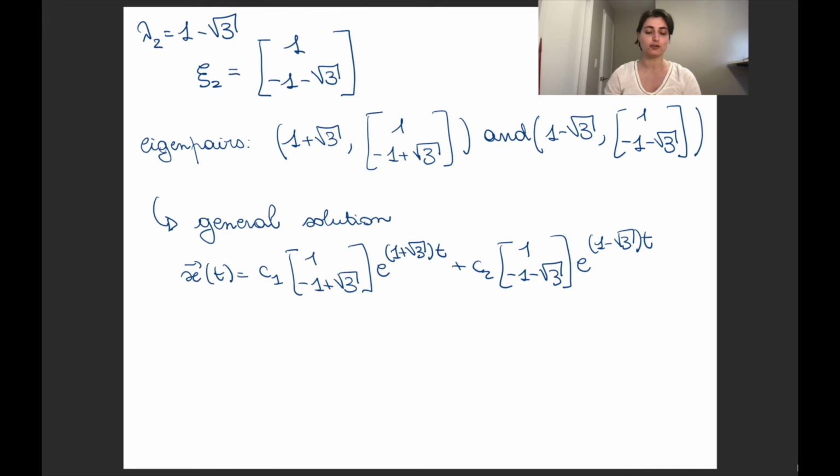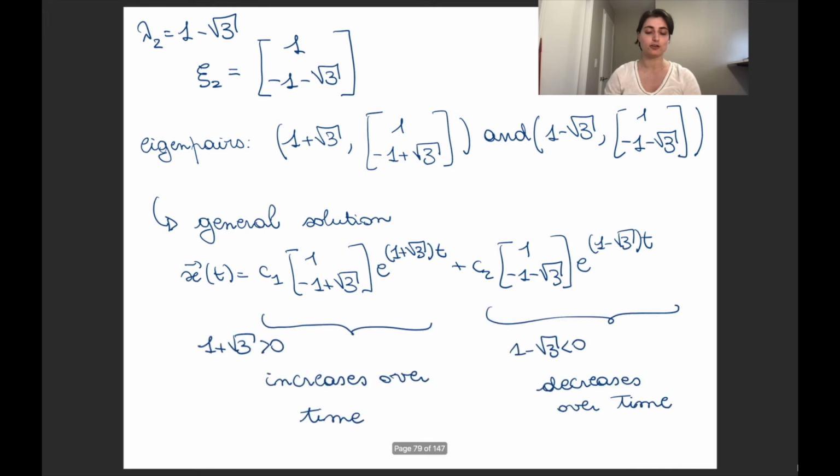Check where each piece is going. If we look at this, we retrieve that the first block has an exponential of 1 plus square root of 3 times time. This is positive, so it increases over time. The importance of this first block grows over time. While the second block has an exponential with coefficient 1 minus square root of 3, that is negative.